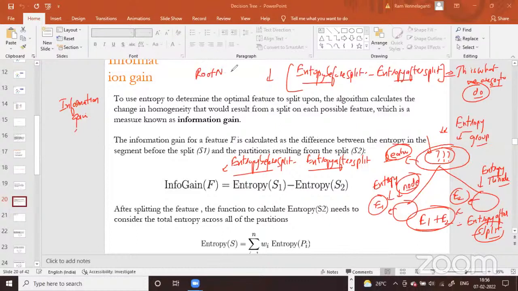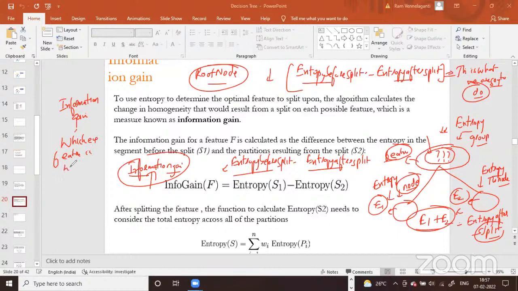In other terms, simply you can say whichever feature is going to have the highest information gain. What is that statement I just made? Whichever feature is having the highest information gain, you are going to call that feature our root node.